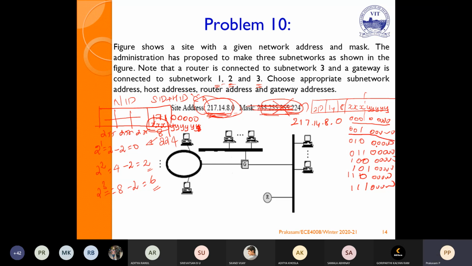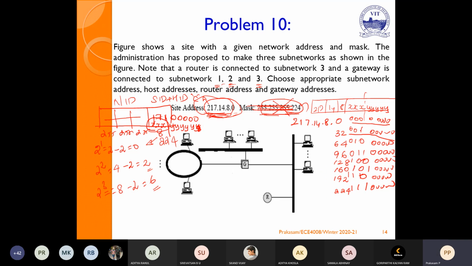So what is the decimal equivalent? 001 followed by 5 zeros is 32, 64, 96, 128, 128 plus 32 is 160, 192, 224.